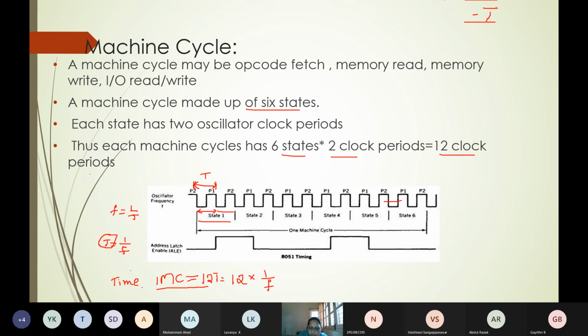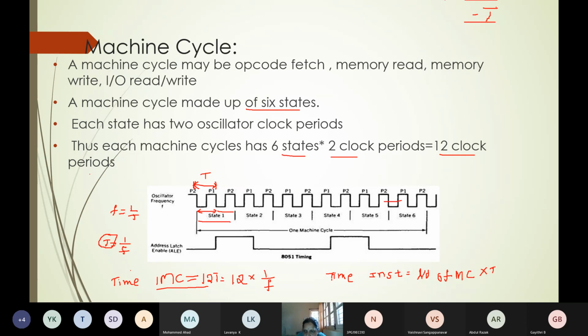Once I know the frequency, I can find the time required to execute one machine cycle. If I want to find the time required to execute one instruction, each instruction may take one machine cycle, two machine cycles or four machine cycles. So the time required to execute an instruction is the number of machine cycles multiplied by the time required to execute one machine cycle.